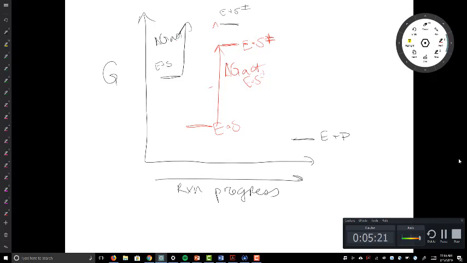All right, so we want the enzyme to like the substrate just enough that it can pull the substrate into its active site, but we don't want the enzyme to like the substrate so much that it gets harder to make the transition state.